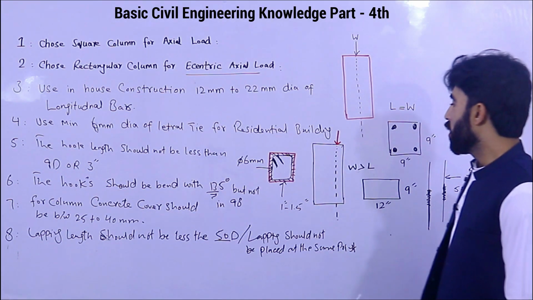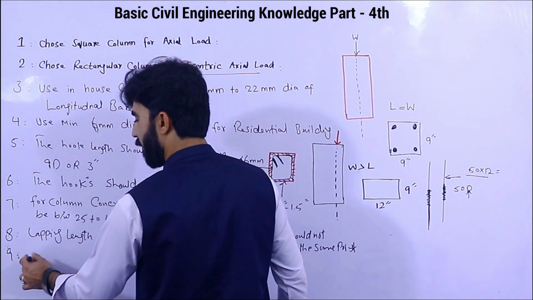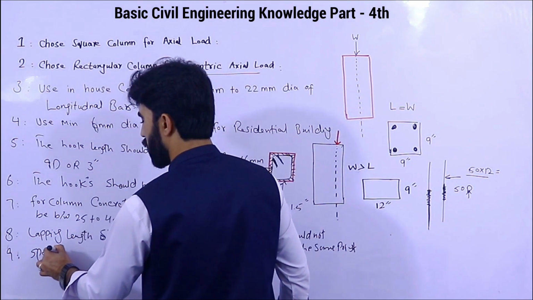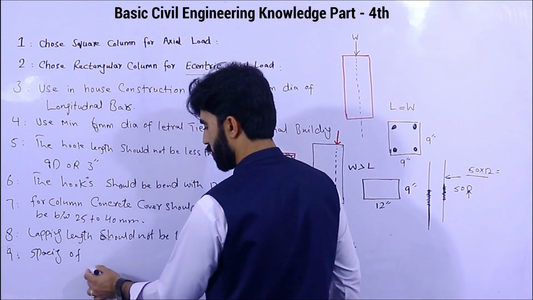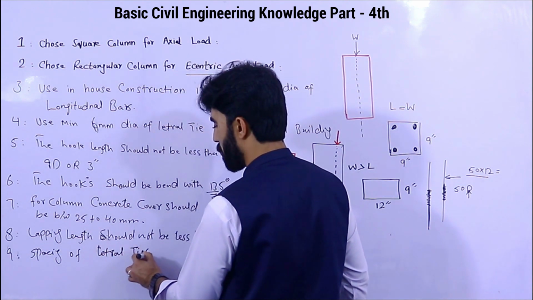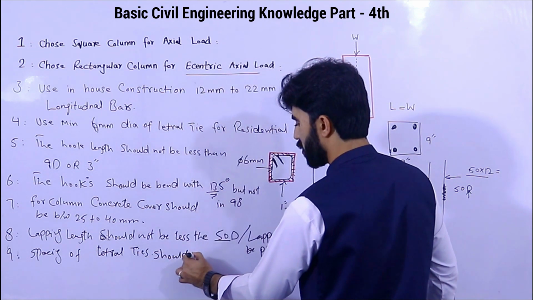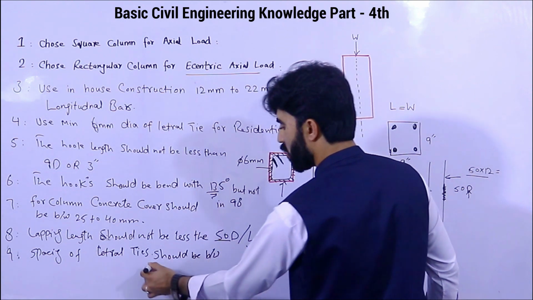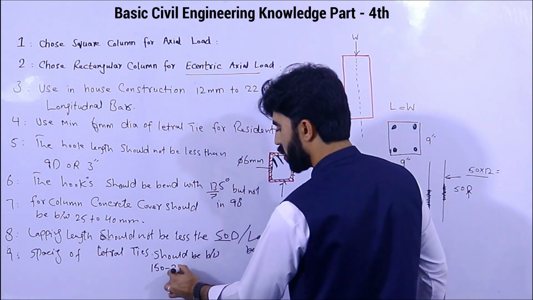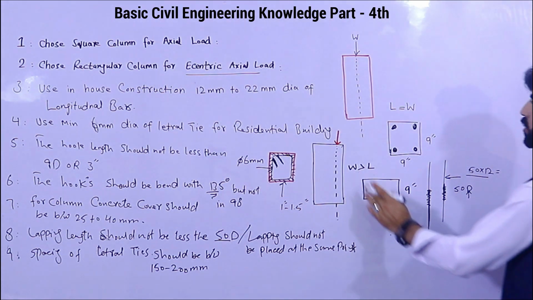Now guys, the 9th rule is, spacing of lateral ties should be between 150 to 200 mm. Suppose guys, this is an RCC column.